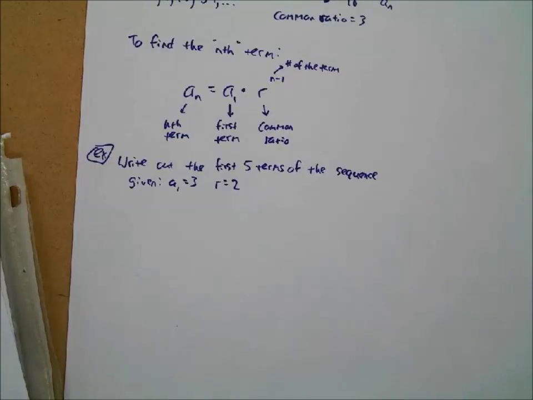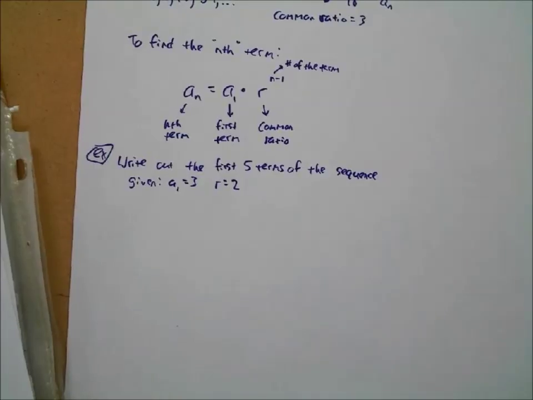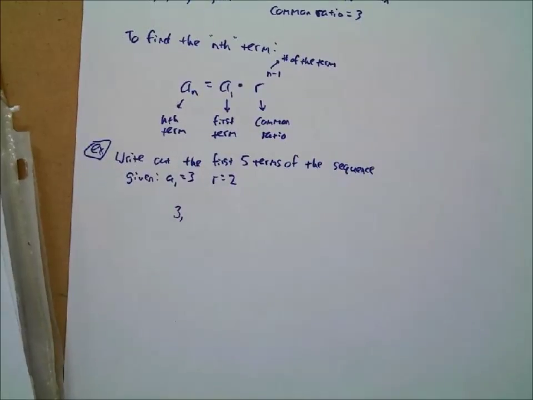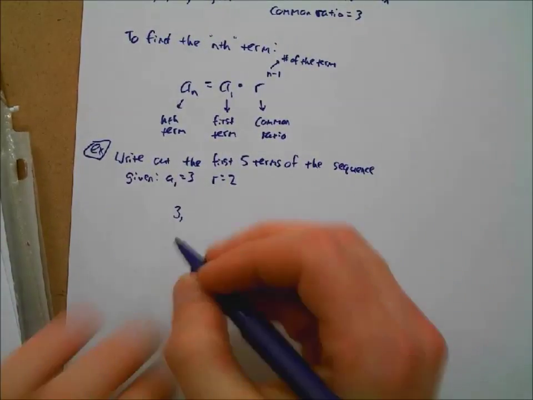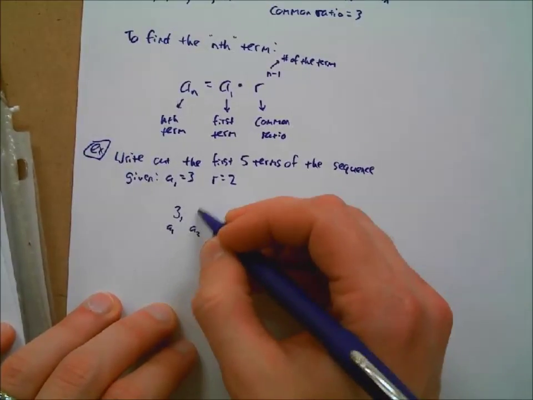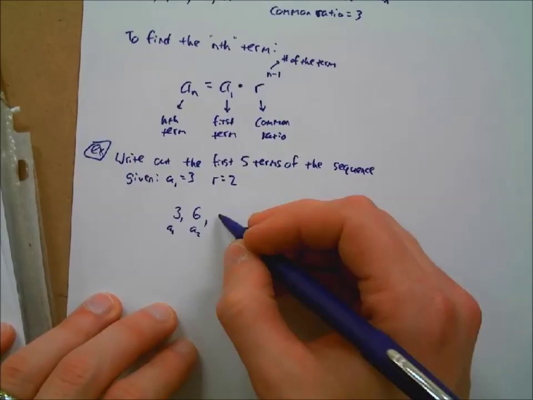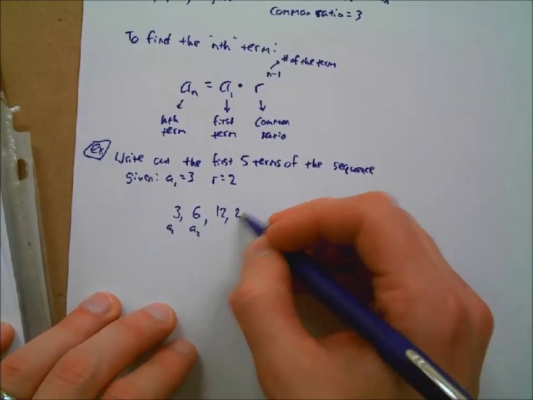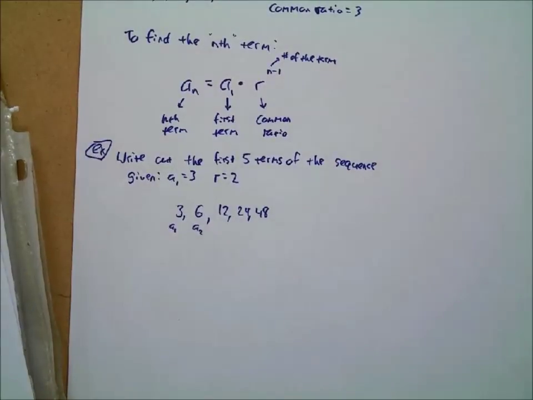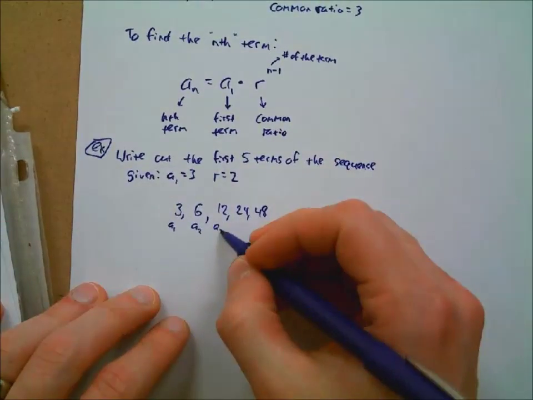So, where should we start our sequence? With 3, right? A sub 1, it's 3. Okay. What will our next term have to be? What's a sub 2? 6, yeah, just times 2 there. Okay? And then 12, 24, 48, and we're done, right? Because all we want is the first 5 terms. So there's 3, 4, 5 like that.